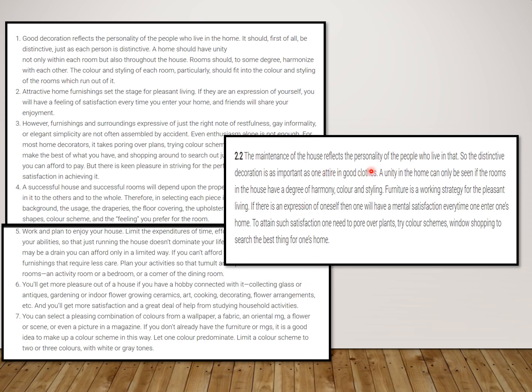So if you recall, it talks about the personality, it talks about the unity a home must have in terms of the colors and the styling, the furniture's role, and the need to have a longingness for one's home, and the satisfaction to have it revolve around one hobby.